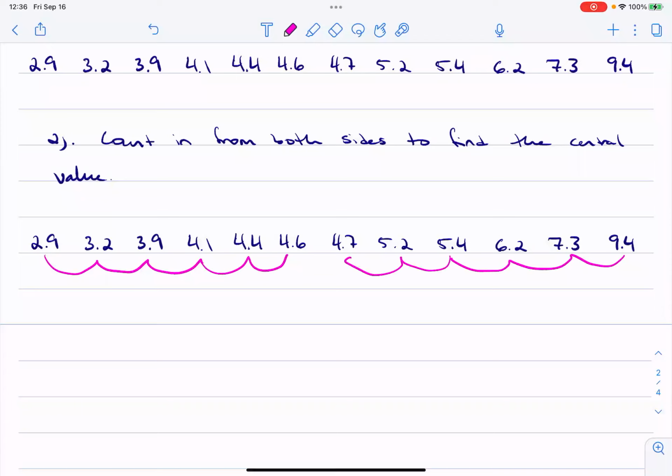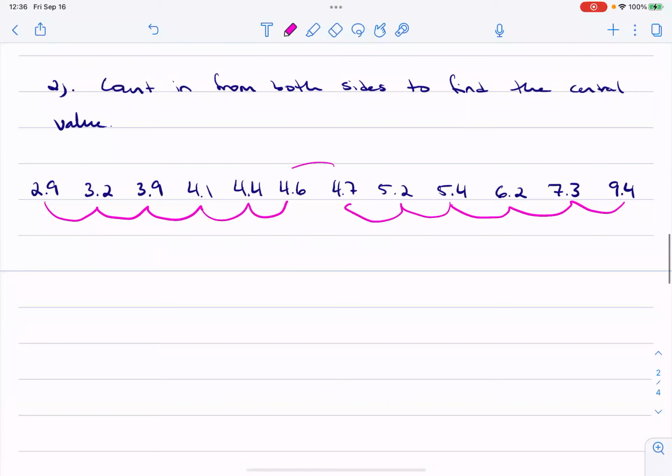Uh-oh, now what? If I land on 2 values at the same time, what do I do? Well, it seems weird because we're finding the median, but then I take the mean of those 2 values. That's how we do it.